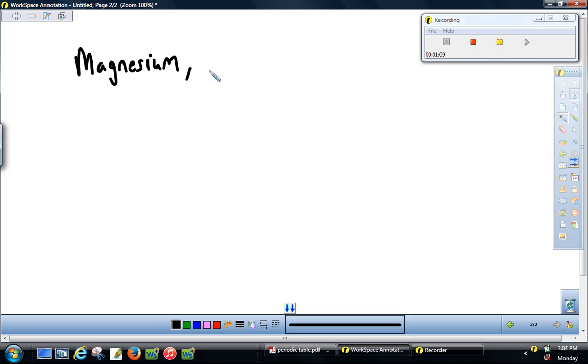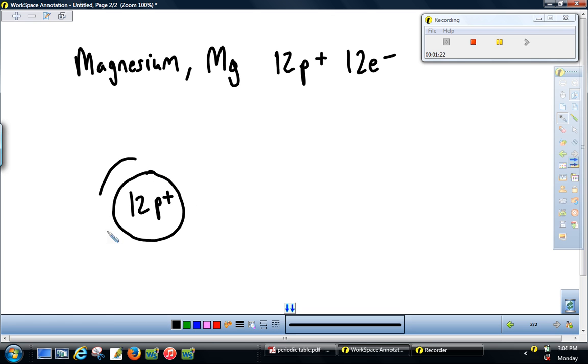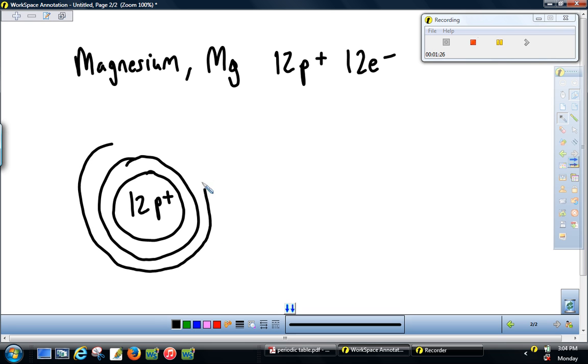Magnesium has 12 protons and 12 electrons, and so magnesium has 2 electrons in the first energy level, 1s2, 8 in the second energy level, 2s2, 2p6, and then it has 2 on the outside as 3s2, third energy level, third shell.